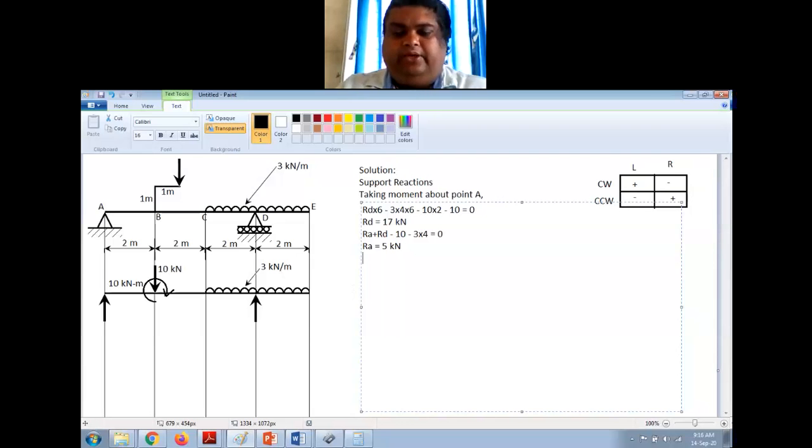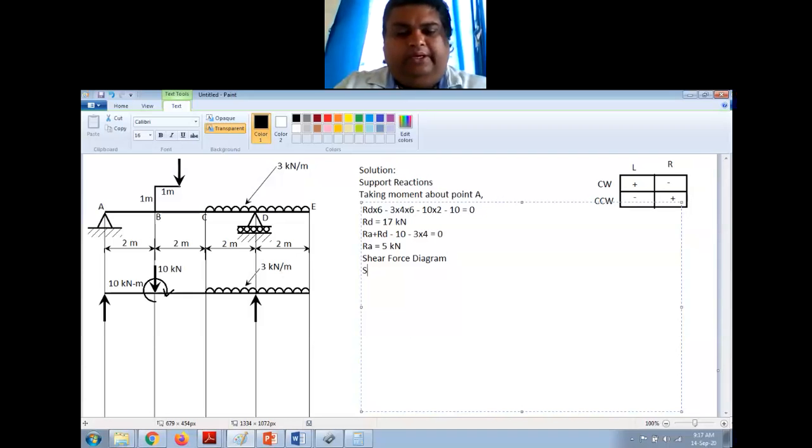Okay, now we have to start with the shear force diagram. So for drawing the shear force diagram, let me just write shear force diagram. I will start with point A. Always start from the left side so that it is easy. So SFA LHS is equal to 0.